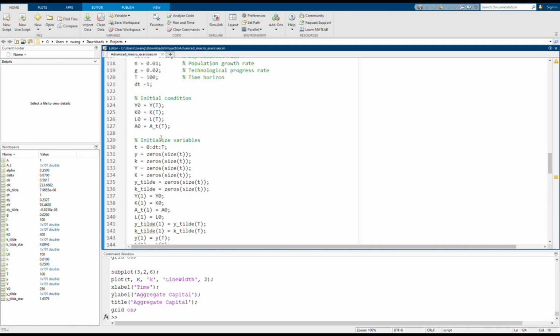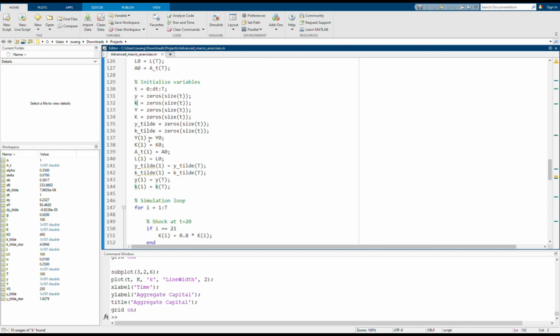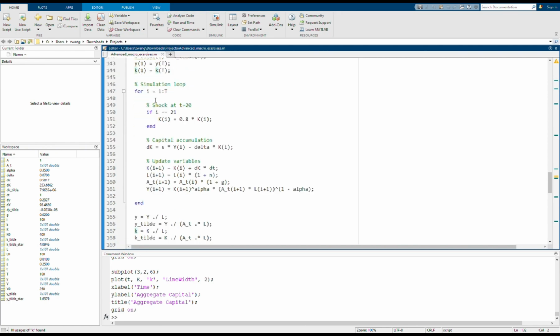Then similarly, I initialize some variables, the time, output, and capital, and I allocate a value for the first element of these arrays, just the same as what we have done in the first exercise. Then in the simulation loop, firstly, we need to determine whether the time period now is equal to 20 or not.